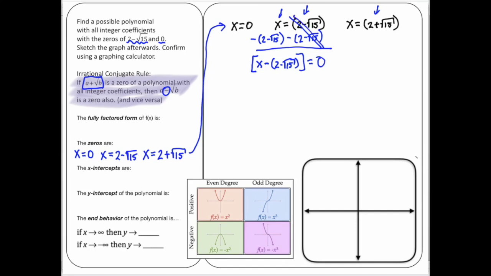Okay, and I'm going to be doing the same thing on this zero over here, subtracting that amount from both sides.